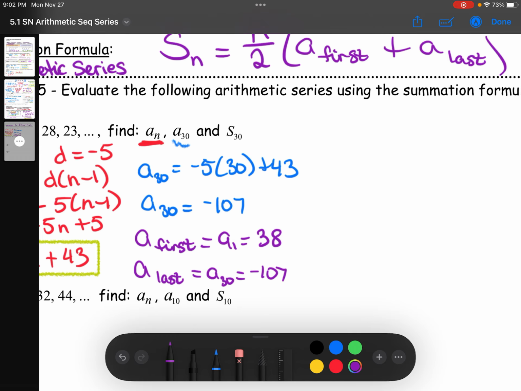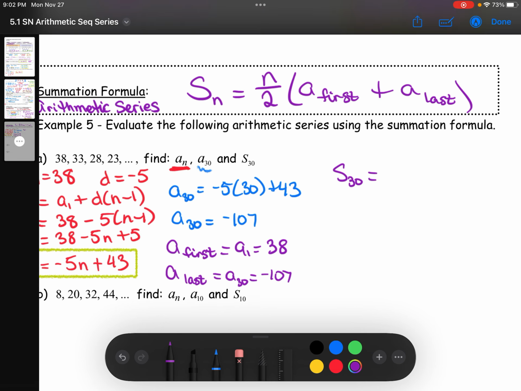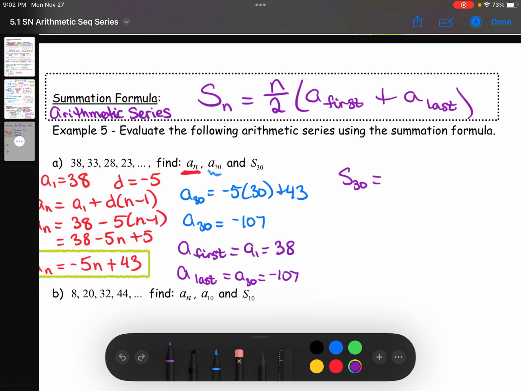So using this, we can find the sum of those first 30 terms using the formula from up here. So n is the number of terms always, or the term number. So 30 terms over 2 times a first is 38 plus a last is minus 107.